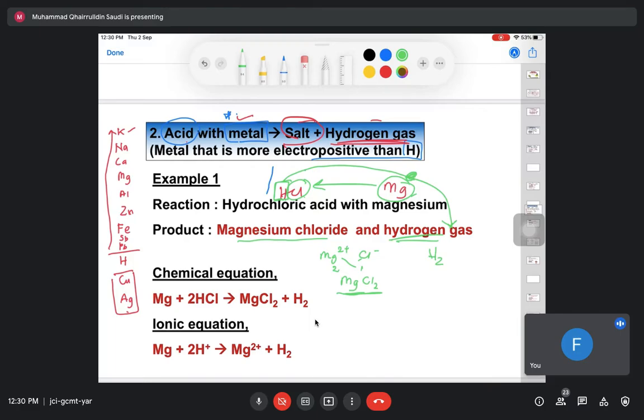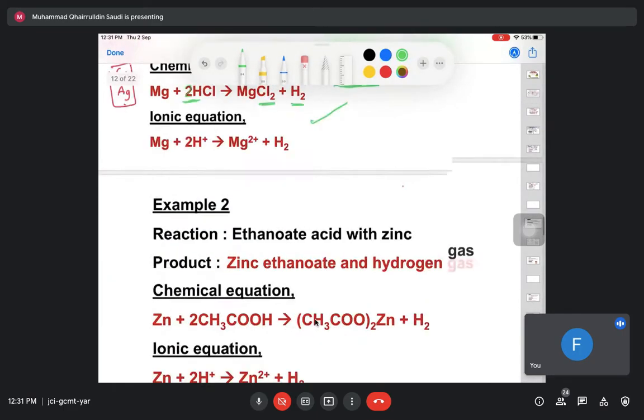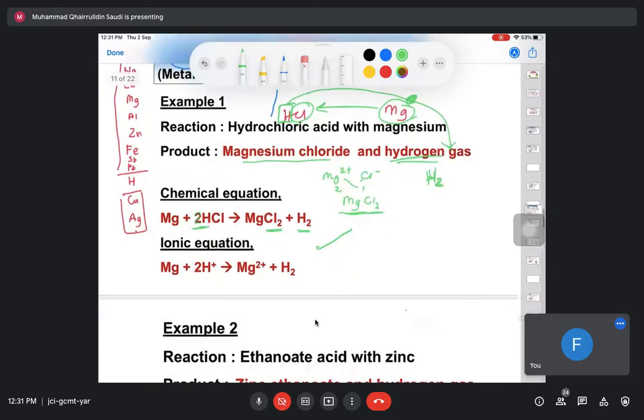Hydrogen gas is a molecule. So H2. So bila kita dah tulis macam tu, we have to make sure that it is balanced. So Cl ada 2. So we have to write 2 in front. Kita kena letak 2 in front. And then H pun dah ada 2 here. And then we have 2H here. So dah balance.